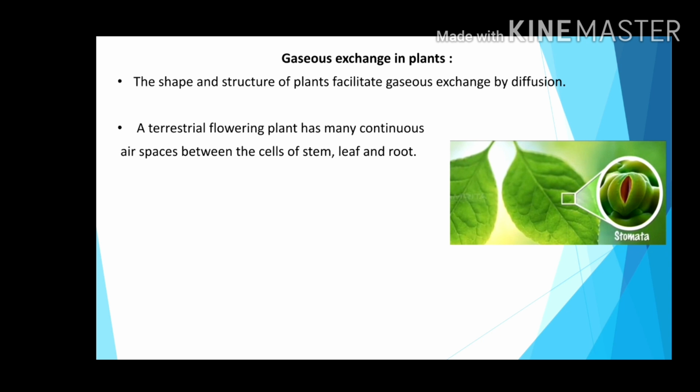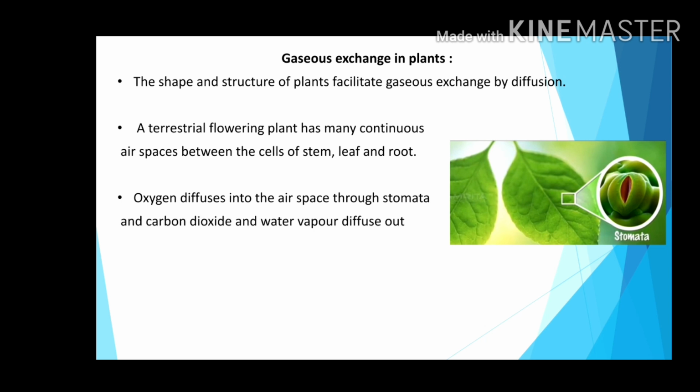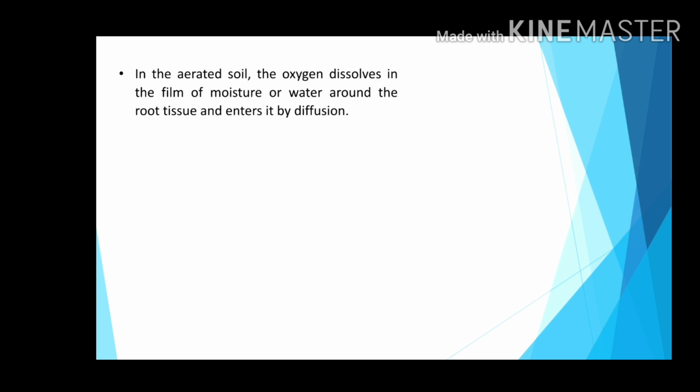The leaves have small openings called stomata. Through these stomata, the oxygen will enter inside and carbon dioxide is given out along with water vapor. Now what about the roots? How do they respire? Around the roots, there is a thin layer of oxygen, which is dissolved as a film of water and moisture around the root tissue.